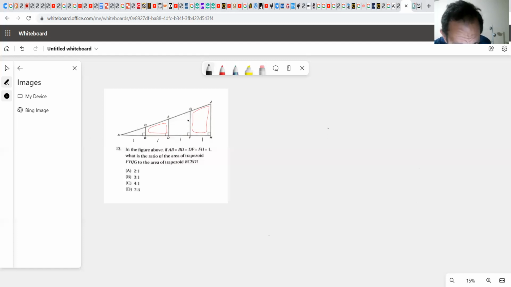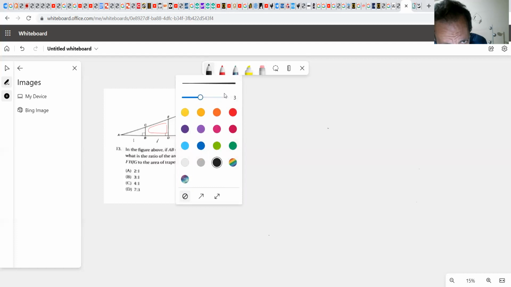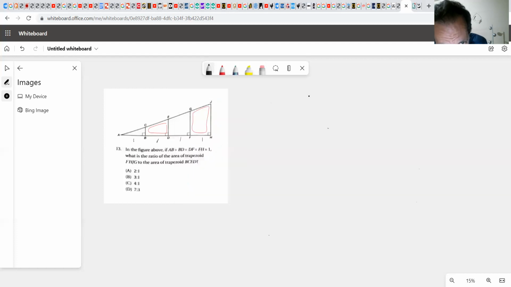So first, let me look at this little part over here, these two triangles, the little one and the bigger one. This is 1 and this is 1, so this is 2. So this side is 2 times as long as this side, right? Let me try to draw this out on the side here. So you have this, and I know that this is 1 and this is 1, right?